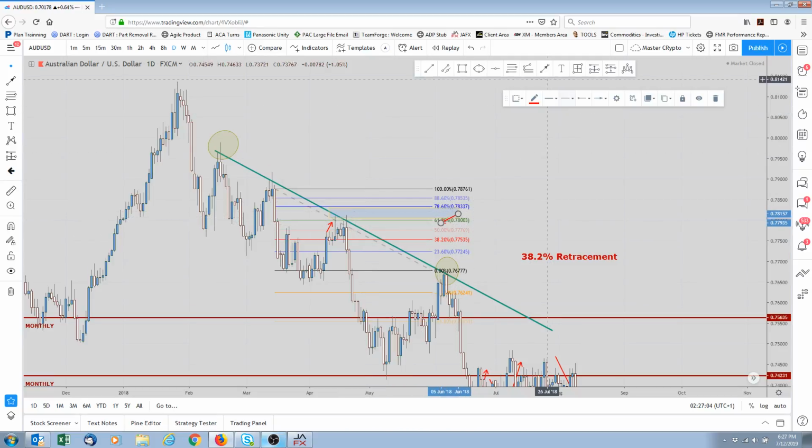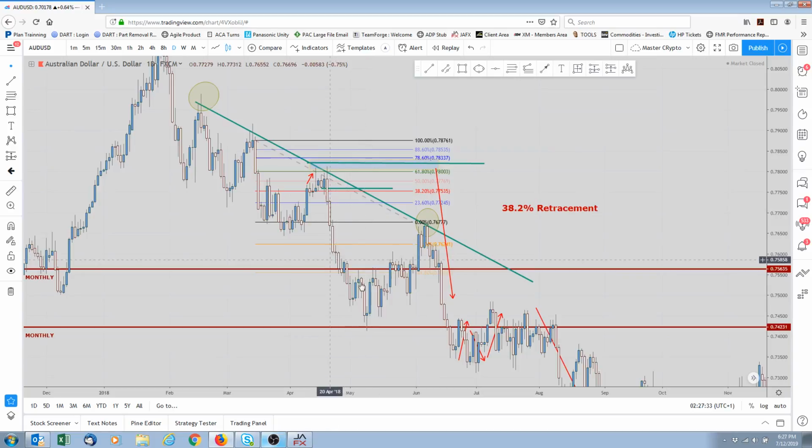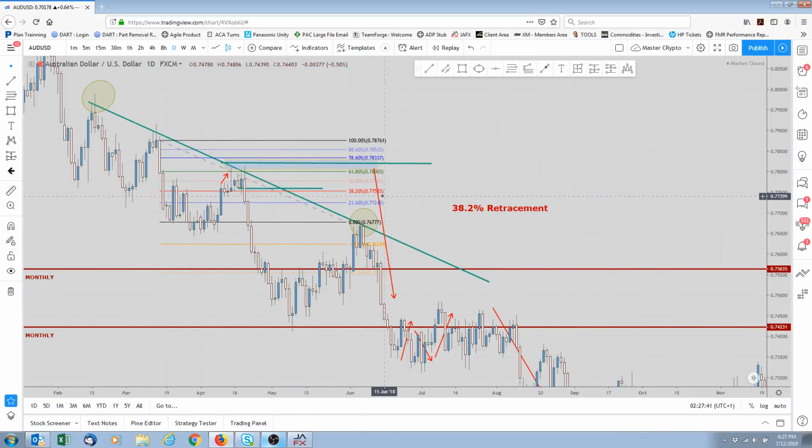Once we see that, we can place a sell in about this area, and we can set our stop loss about right here, and then we would have been in a lot of profit. See, look, it hit our take profit 2 and 3. So this is an excellent example of how you use fibs.